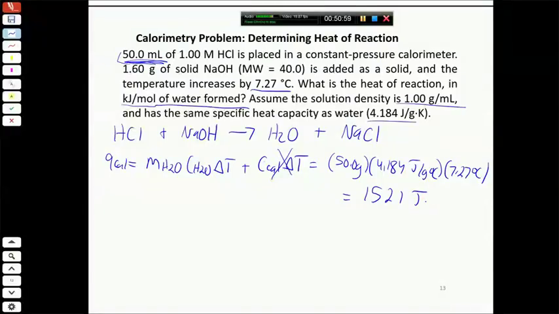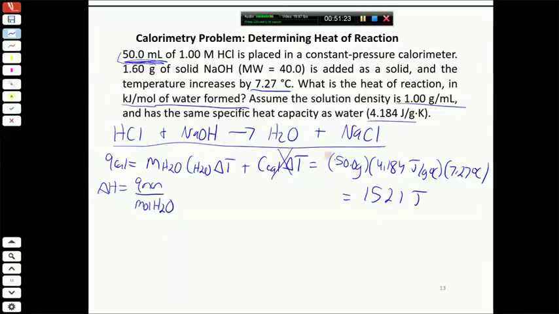But what we need to do is take delta H for the reaction, which is going to be this heat divided by the moles of water that are formed. That's what we're looking for, kilojoules per mole of water formed. Or in other words, the delta H for this reaction as written, 1 mole of HCl plus 1 mole of NaOH giving 1 mole of water and 1 mole of NaCl.